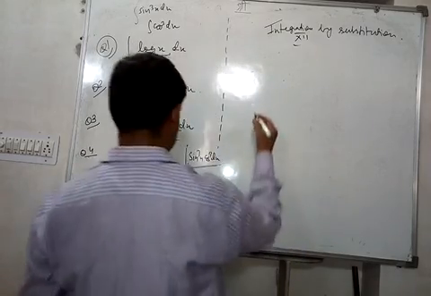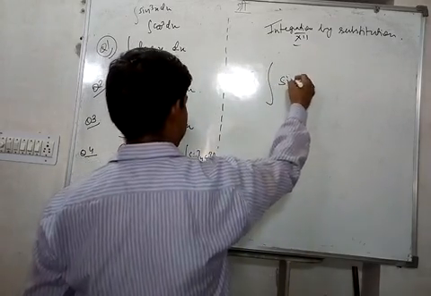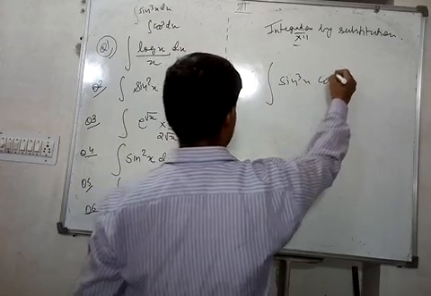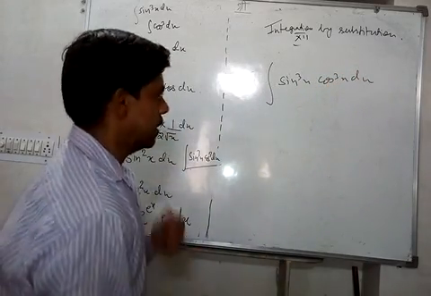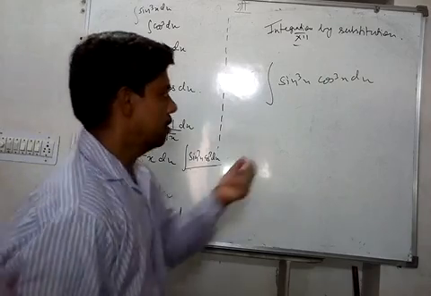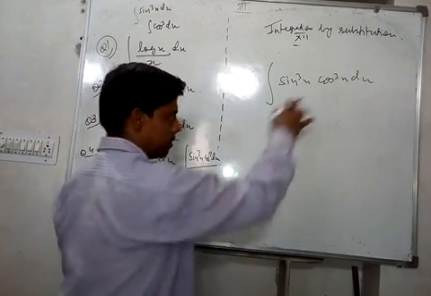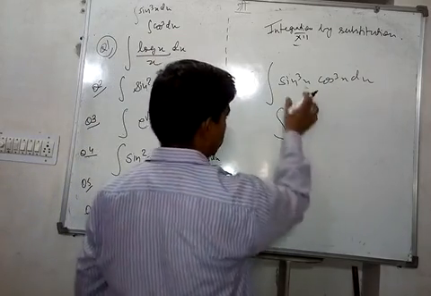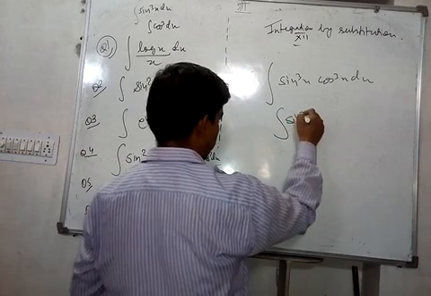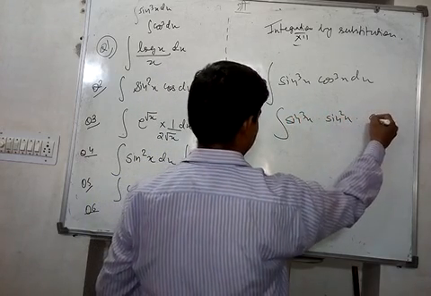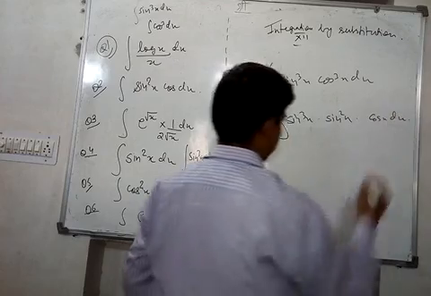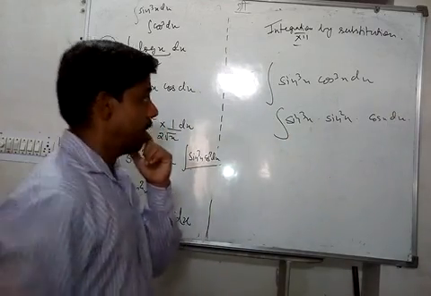Okay. Some more substitution. Suppose this is sin cube x cos cube x dx. Right. So this can be done like this. If you take one cos x separately, because that will act as dt, the remaining you can convert into sine. So let's see. Now what is the next step?